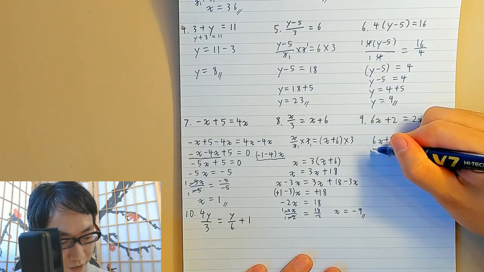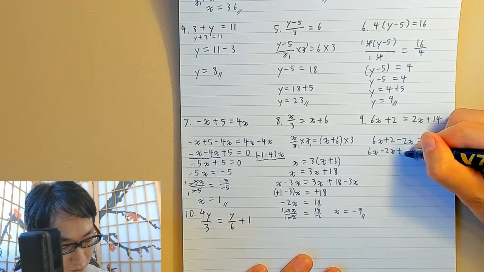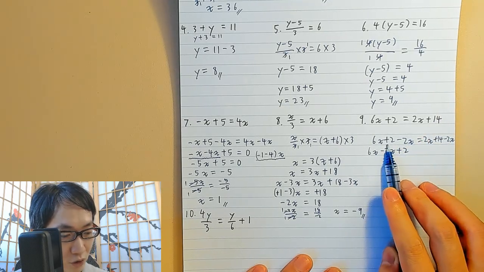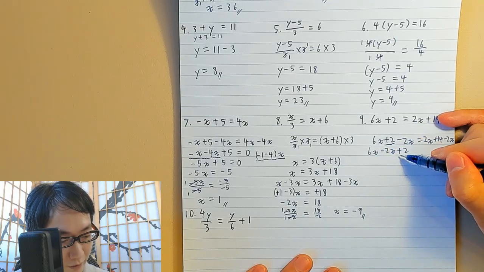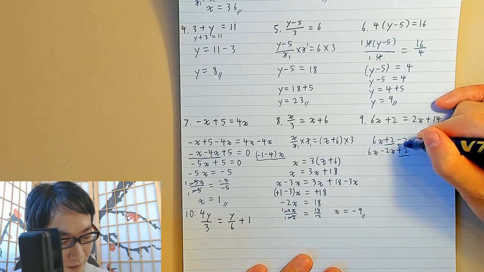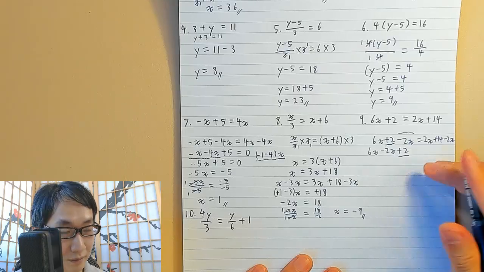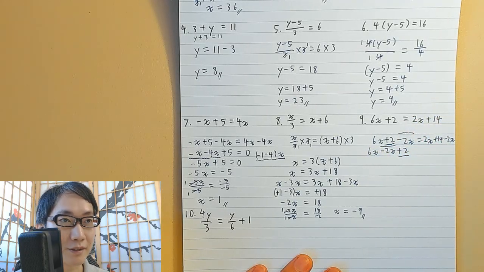So when we are arranging 6x minus 2x plus 2, remember the terms always carry the sign. So I move this term for 2, I move the whole thing at the same time. Similarly, when I move this negative 2x, I move the whole thing at the same time. Okay.